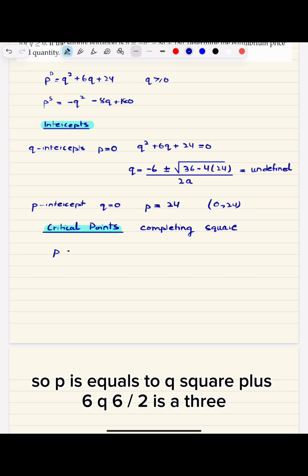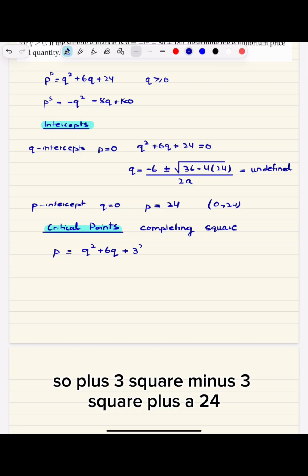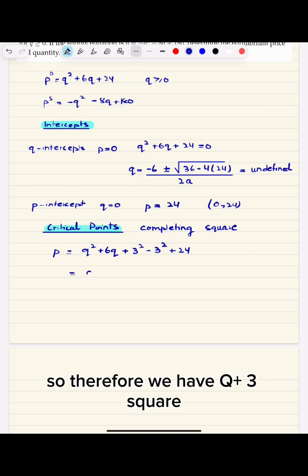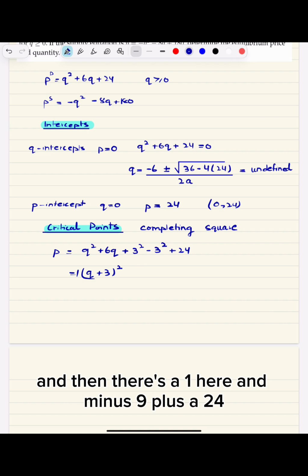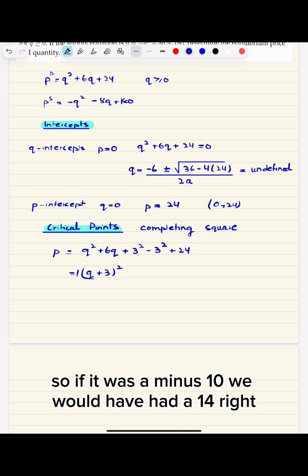So p is equal to q square plus 6q. 6 divided by 2 is 3. So plus 3 square minus 3 square plus 24. Therefore we have (q plus 3) square, with a 1 here, and minus 9 plus 24. So if it was a minus 10, we would have had a 14, right?